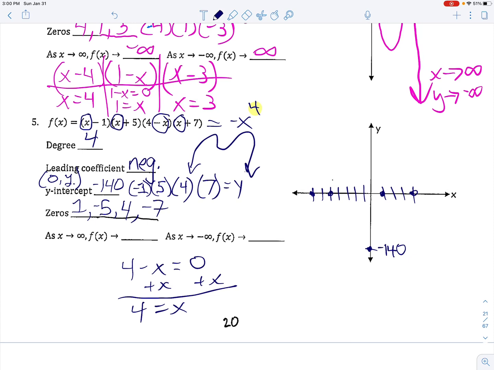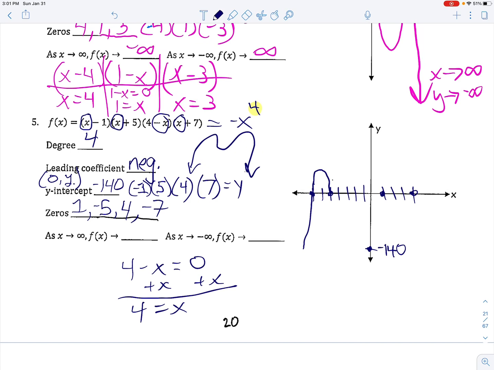We'll work from left to right. Like I said, this is going to be an upside down W. So this is going to start down here in quadrant 3. So here we go. It's going to go through negative 7. And then it's going to come back around here.